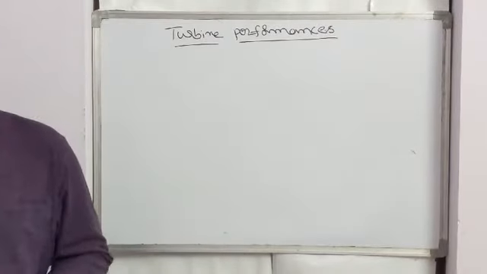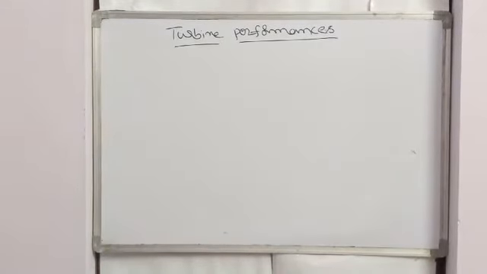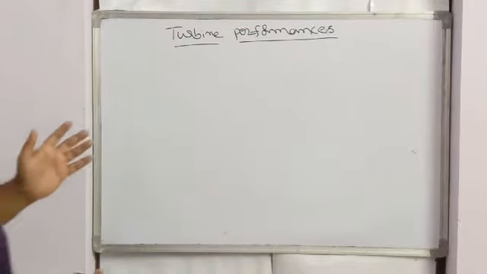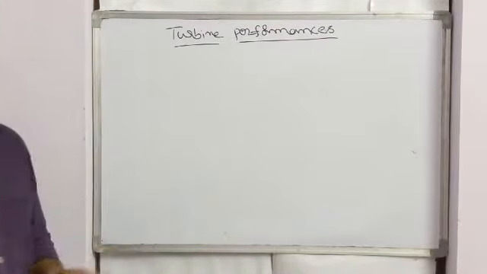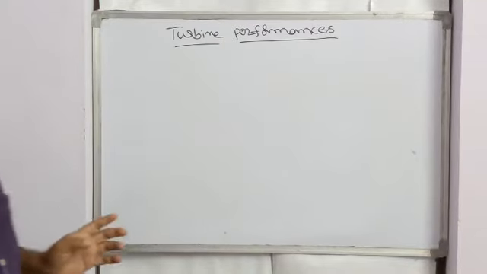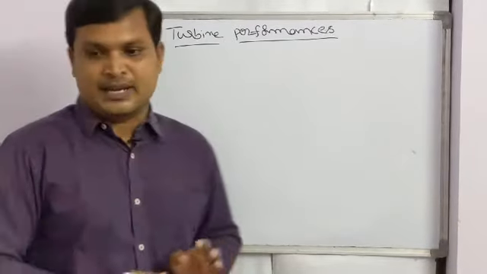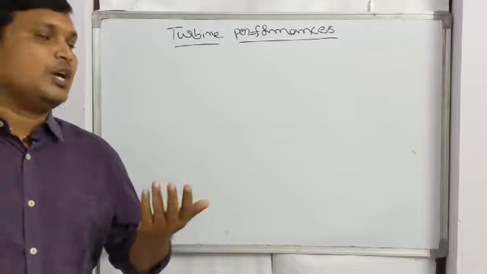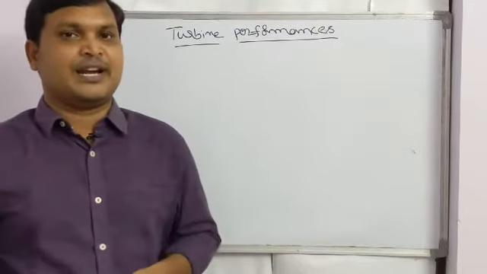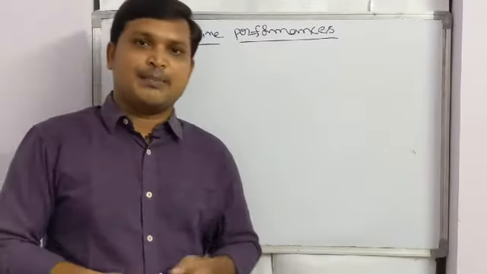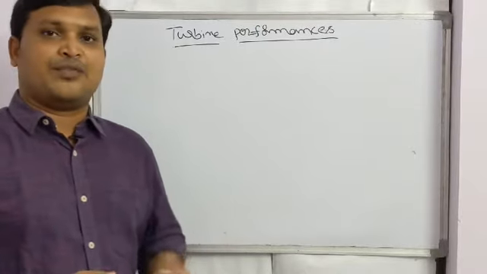There are three reasons we have to conduct a performance test of a given turbine. The first is to predict the behavior of a turbine under different heads, that may be a 110 meter head, a 100 meter head or a 50 meter head.